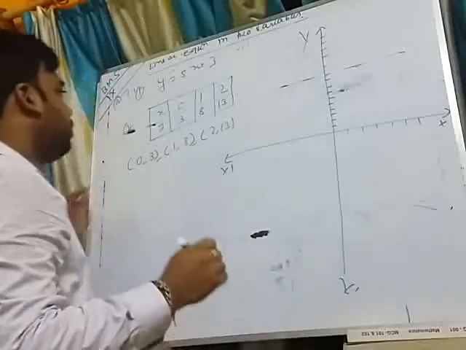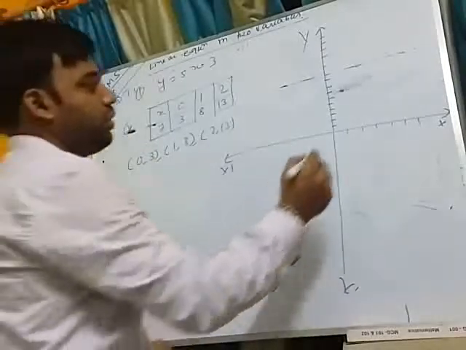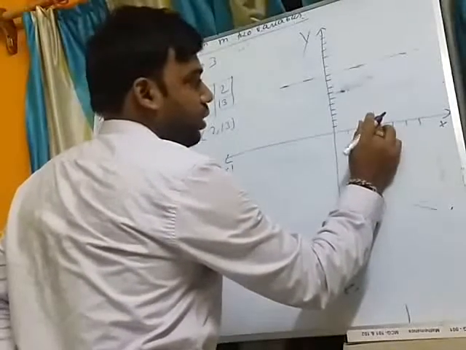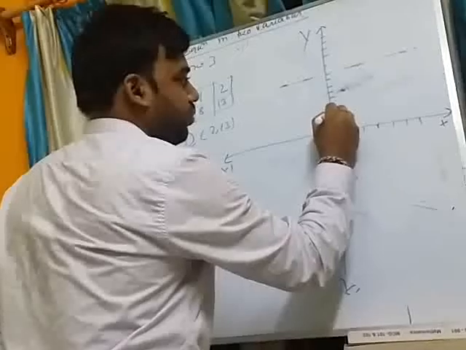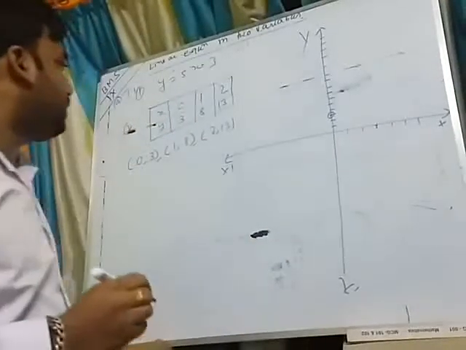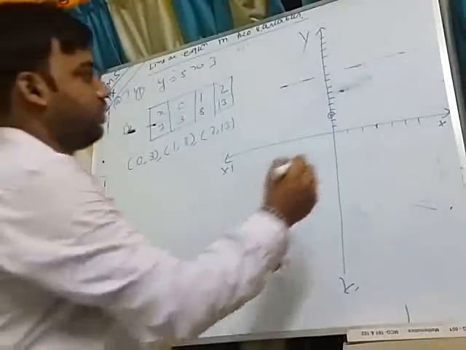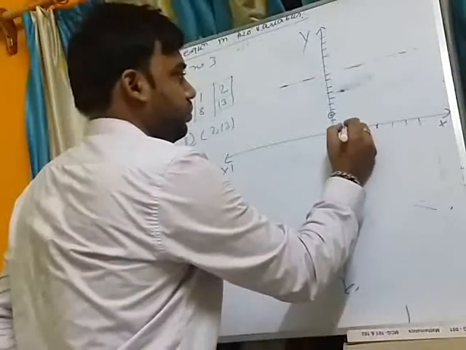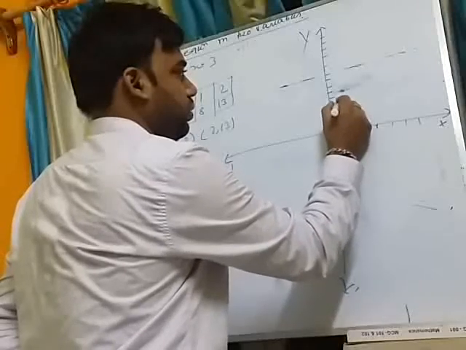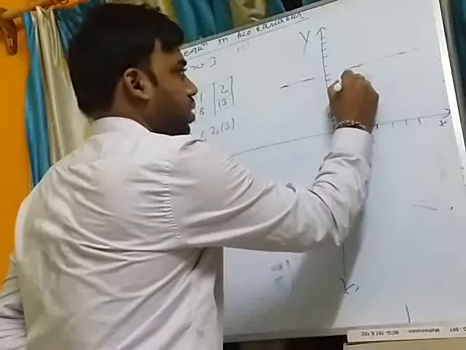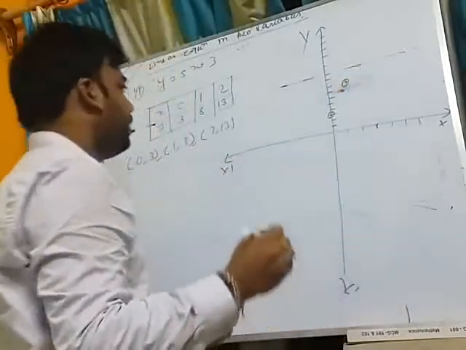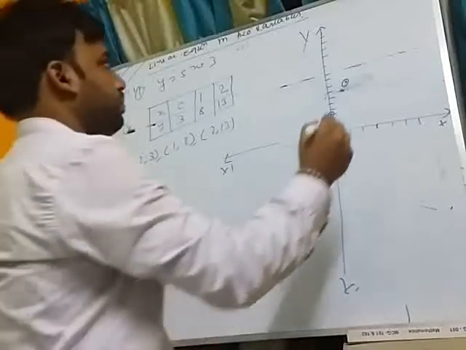Now the first point is (0, 3). (0, 3) means that point. The second point is (1, 8). The third point is (2, 13).